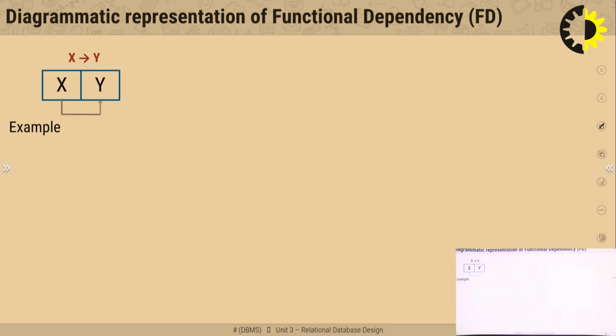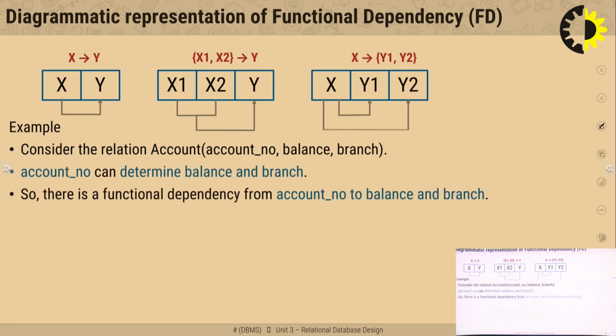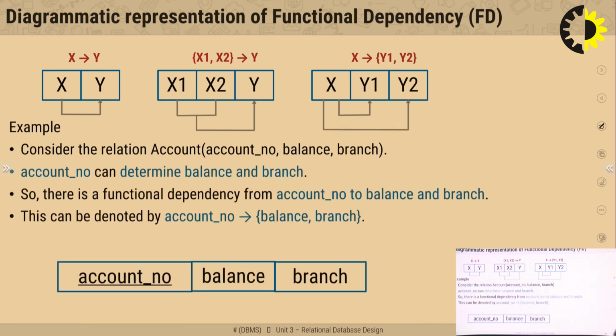Next, with the help of diagrams we can look at some examples of functional dependency. Suppose we have a relation like X gives Y, which means we can determine Y from X only. In the second scenario, Y depends on X1 and X2, which together determine Y. Clear?